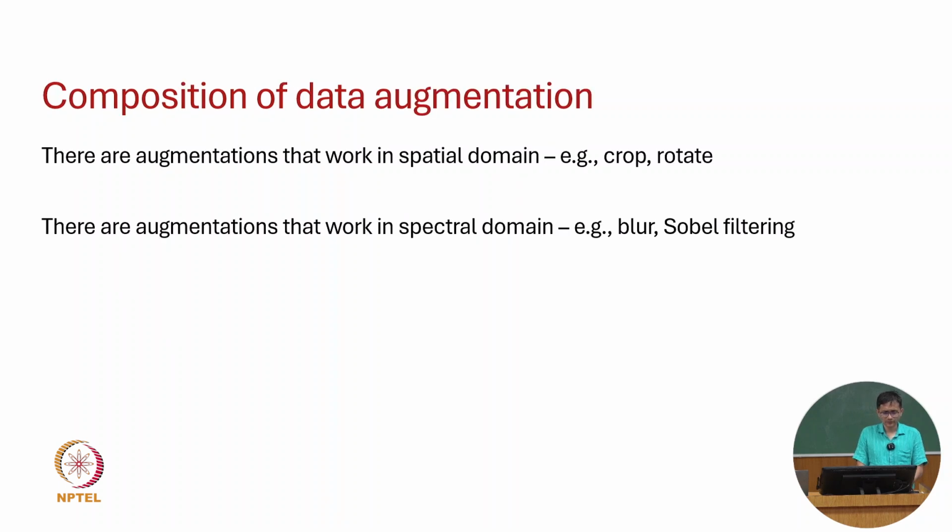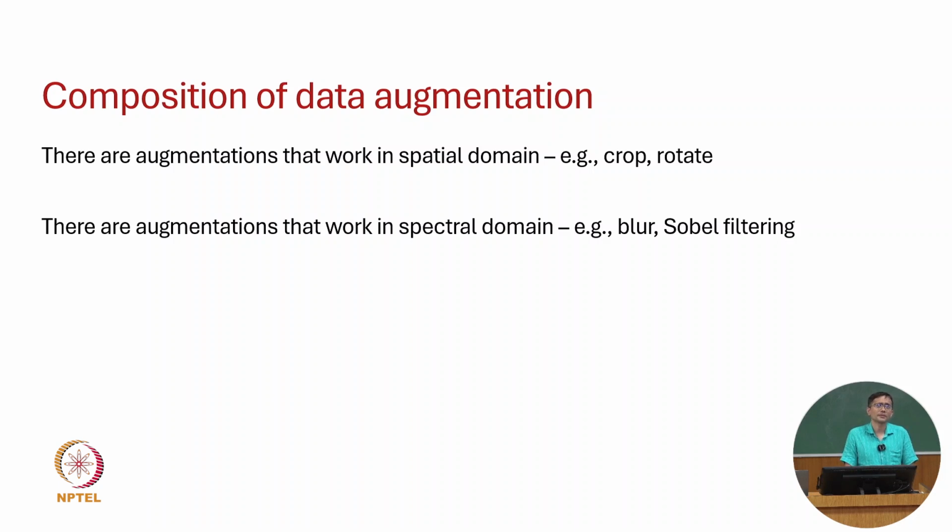So what one could do is, we talked about this T and T dash. These T or T dash, instead of being just a particular type of data augmentation, can be a composition of augmentations. That is, let's say given an image, you crop it and you rotate it, right? So these are two different augmentations, and it can be such a composition.